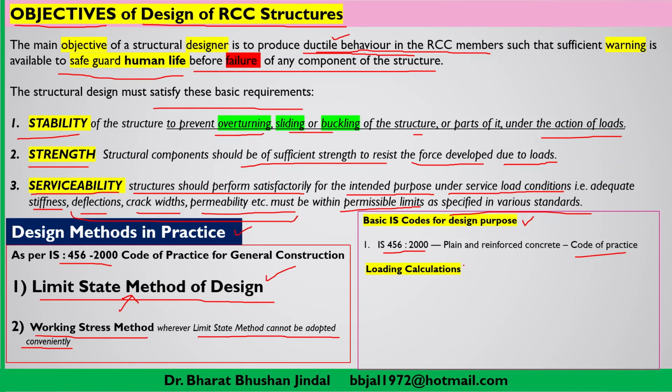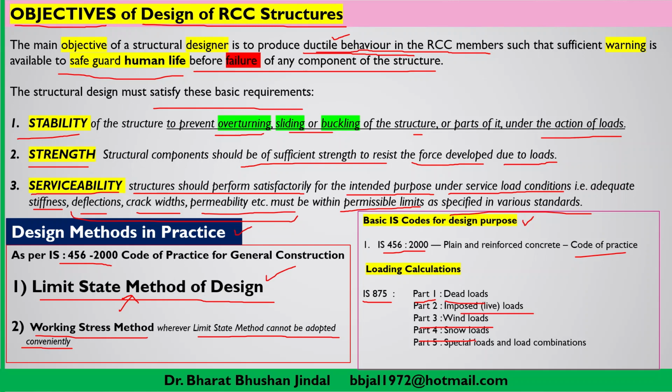Some guidelines are given in the series of codes IS 875. In Part 1, information regarding the dead loads is given. In Part 2, imposed or live load information is available. Part 3 is devoted to wind loads, wherever structures are subjected to winds of high velocity. Part 4 is devoted to snow loads. Part 5, special loads and load combinations.